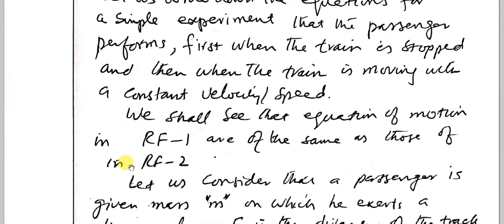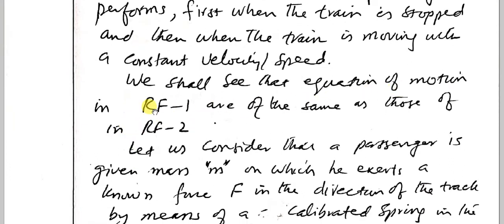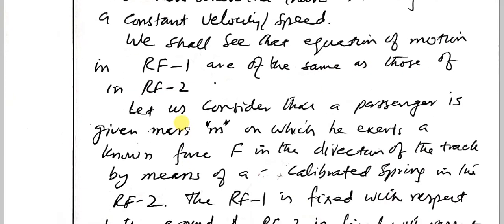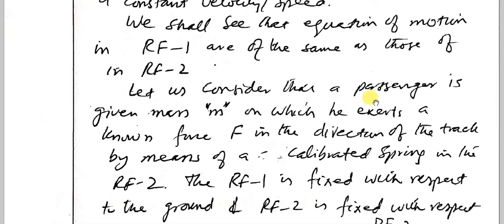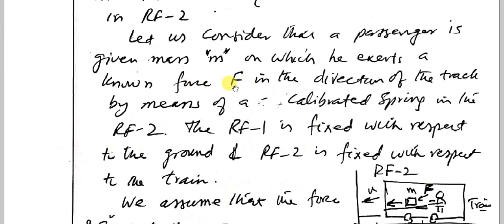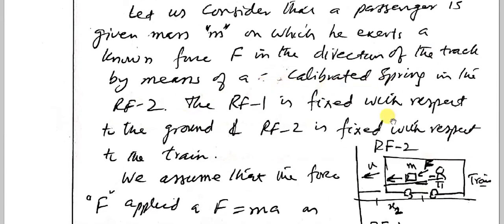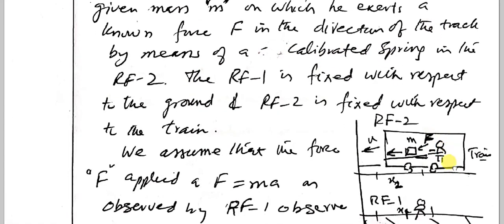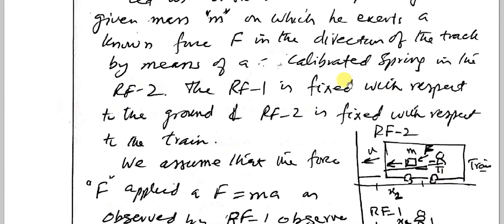We shall see that the equation of motion in reference frame 1 is the same as that in reference frame 2. Let us consider that a passenger is given mass m, on which he exerts a known force F in the direction of the track by means of a calibrated spring. Here some passenger is there in this compartment.